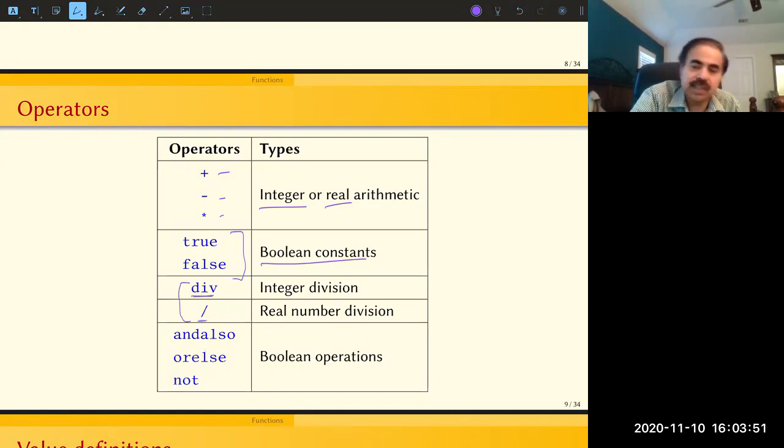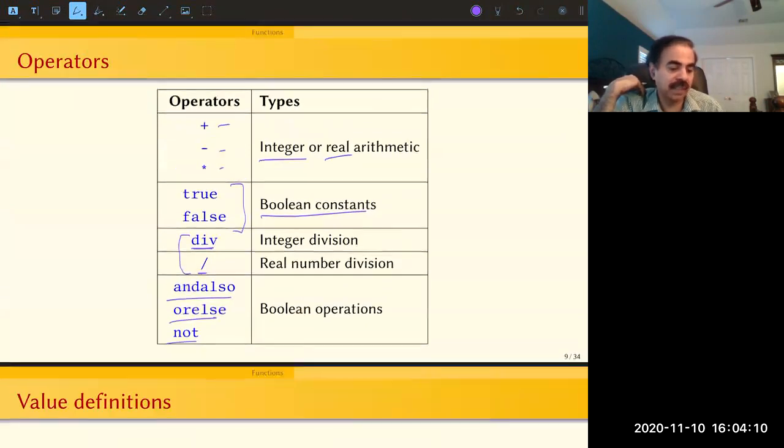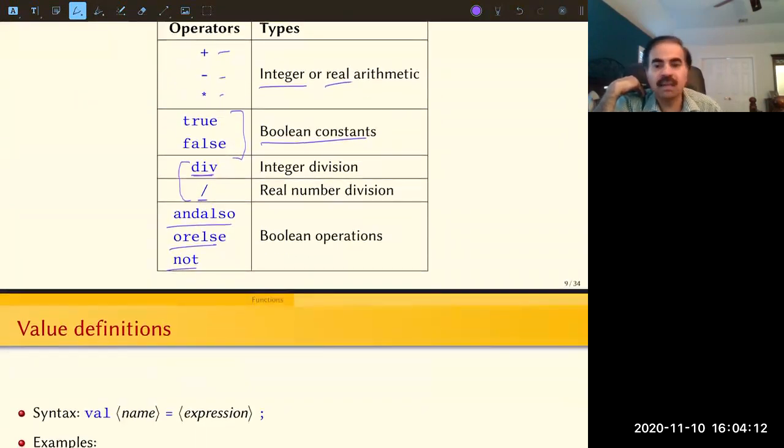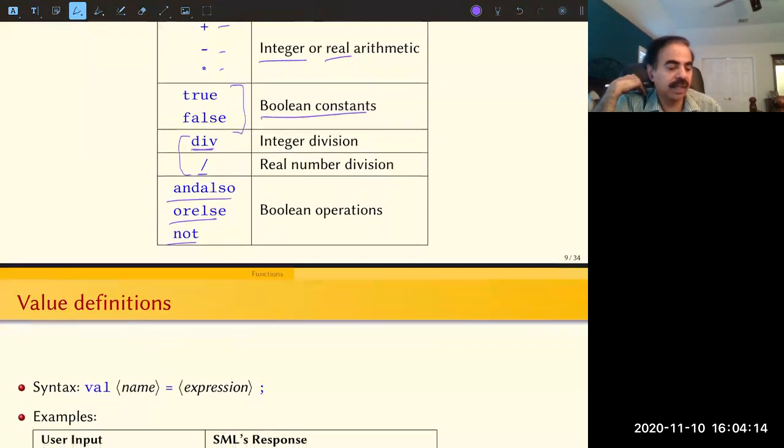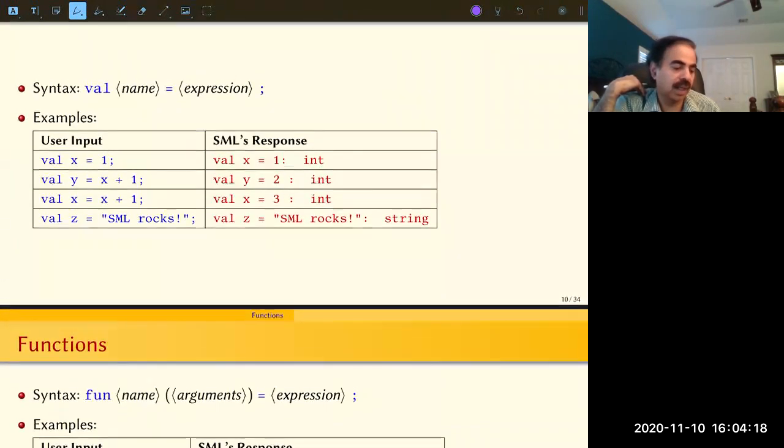And for real numbers, real number division uses the slash operator. Okay. And your Boolean and, or, not have this form in Standard ML. Okay. So most of this is just for reference, right? When you start writing something, then you can refer to these tables to see what the operators are, right?